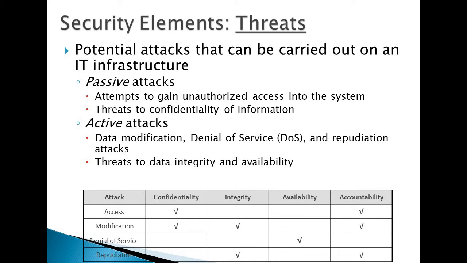Whereas active attacks like data modification, denial of service, and repudiation affect the integrity and the availability of the data in the system. Below is a summarization of attacks and their effects on various security measures.